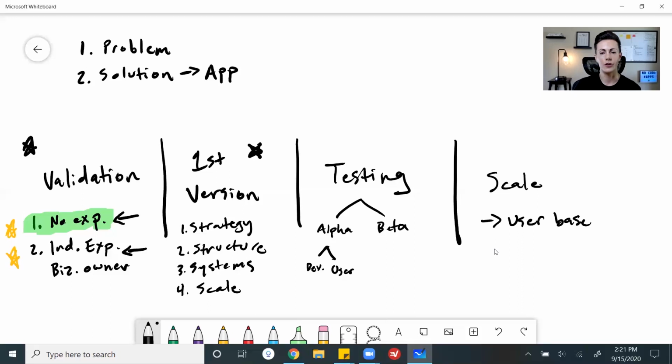That's another aspect that you want to consider as well. And additional features and functionality. And these are things that you'll use your testing to dictate, right?